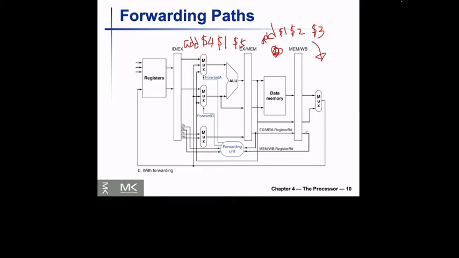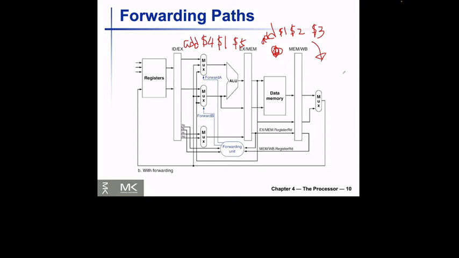So you also need to check whether the RD in the last 2 instructions is the same as the RS or RT in the current instruction. Does that make sense? Because for consecutive R-type instructions, you need to check not only the neighboring instruction, you also need to check the neighbor's neighbor.